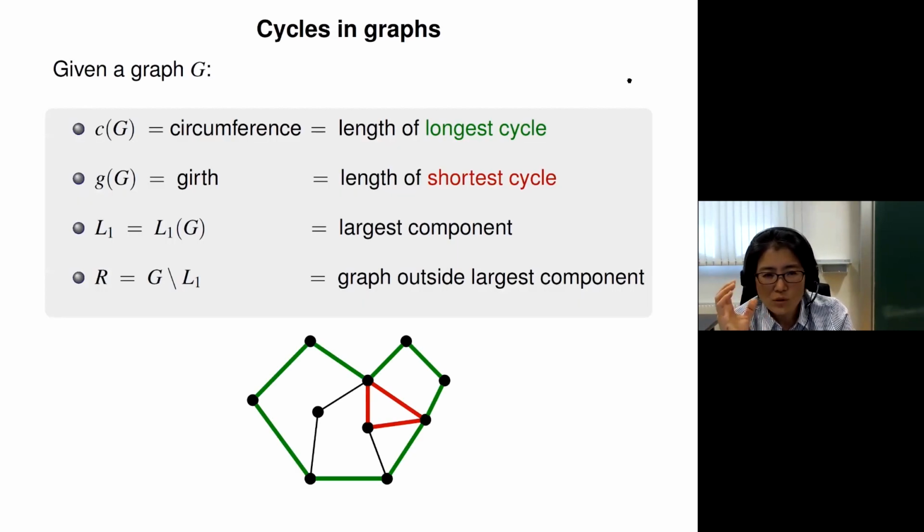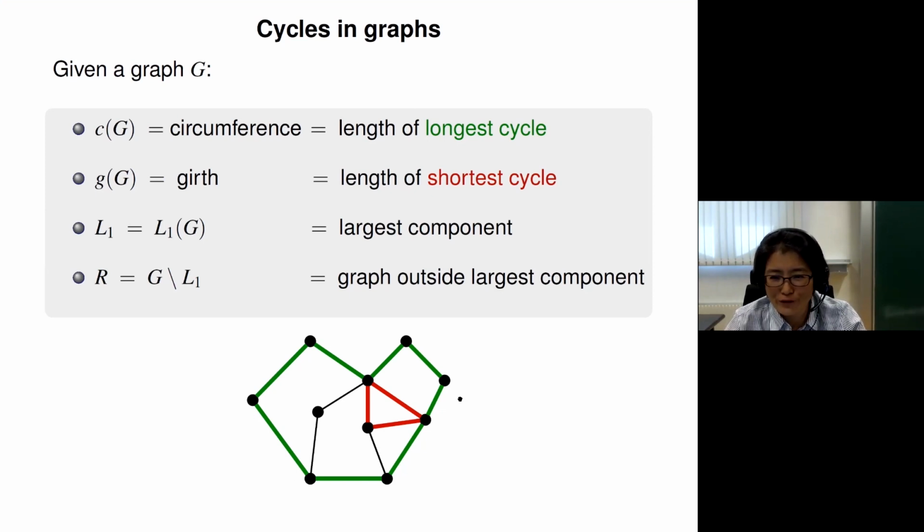To set the scene, because I think in this conference we do have a mixed community. For those who work on graph theory, this will be trivial, but for those working in other areas, maybe it's good to wrap up. Given a graph G, small c of G will denote the circumference. This is the length of the longest cycle.